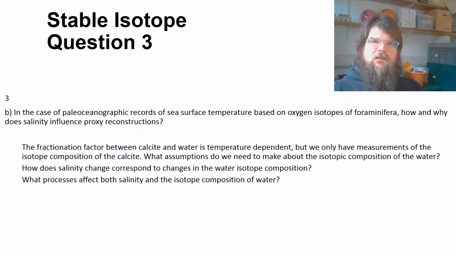So we need to think about, are there processes that affect salinity and the isotopic composition of water? This was covered in the lecture where we talked about how ice sheets get their extreme light isotope composition.